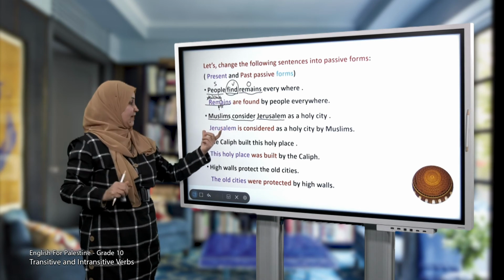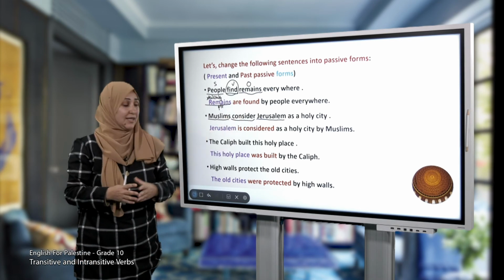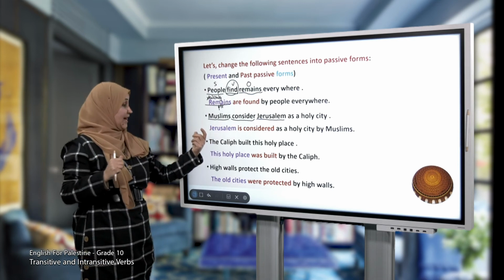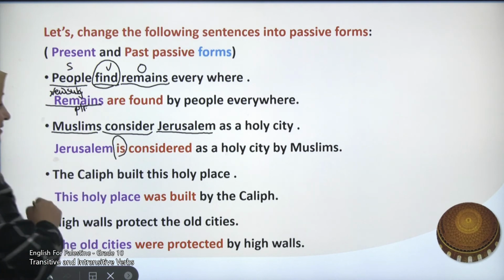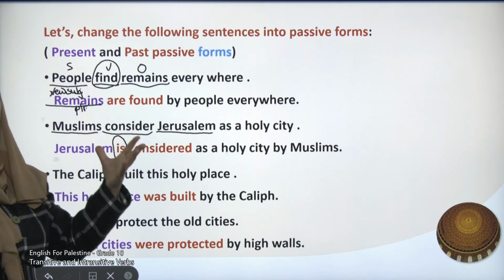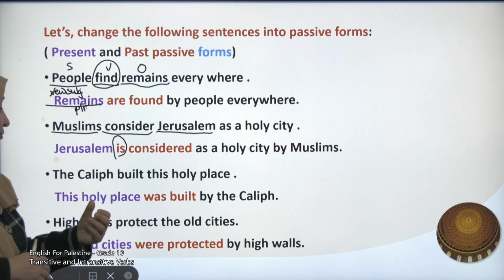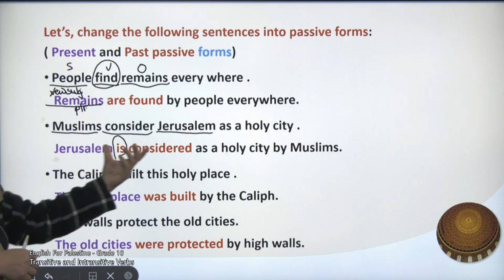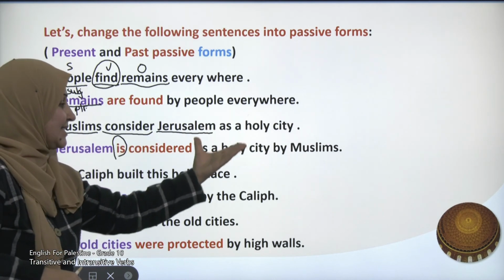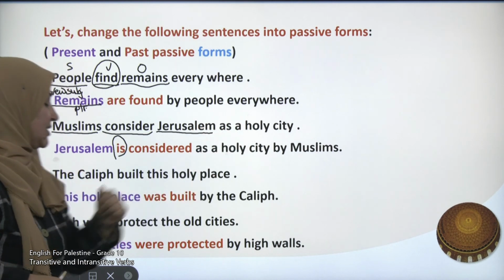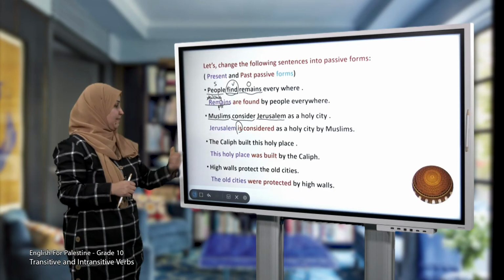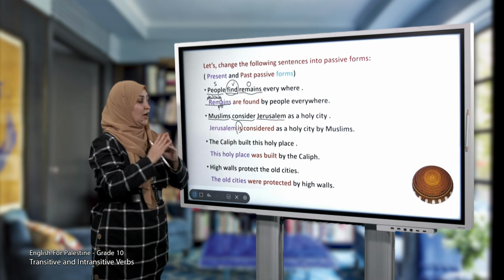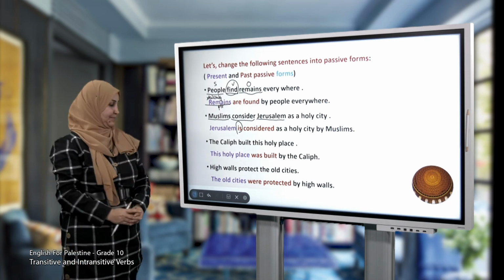Jerusalem is singular, the verb consider is present, so we bring a singular and present be verb, which is is, and the main verb consider transformed into verb 3, which is considered, and the complement of the sentence as a holy city by Muslims. So the sentence will be: Jerusalem is considered as a holy city by Muslims.